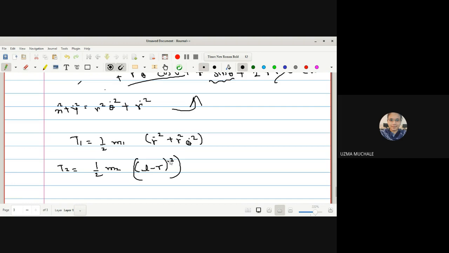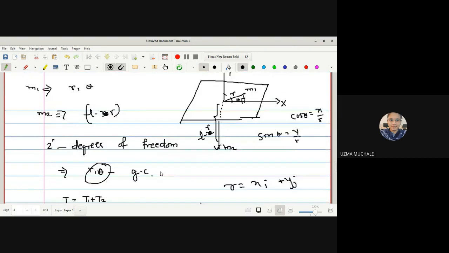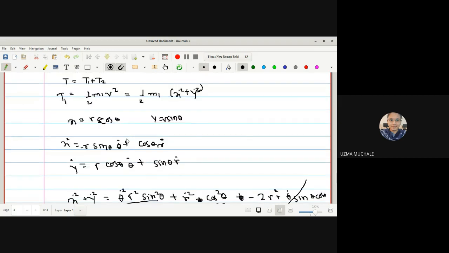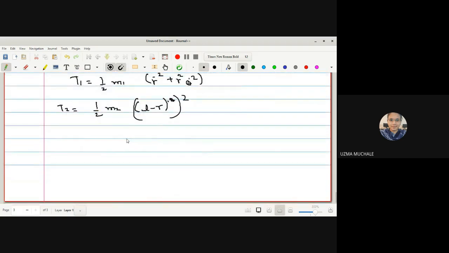Why is this so? Because for mass m2, L minus r is sufficient to describe the position of m2, whereas for m1, r and theta both are required to find the position of m1. So directly can I write this T2 as 1 upon 2 m2 r dot square, because L is constant, the derivative of r is r dot, and the square stays as it is.